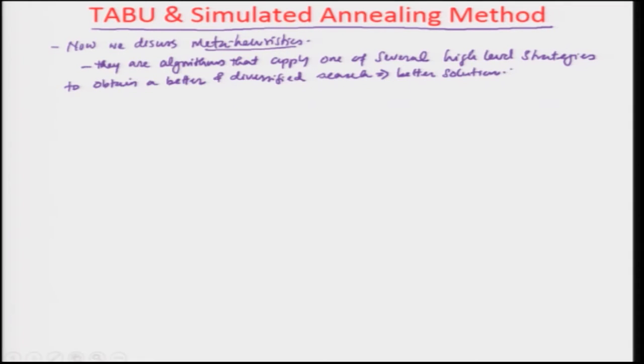So the difference between the normal heuristic and metaheuristics is that they have a complicated high level strategy to get better and diversified solutions for these kinds of problems.